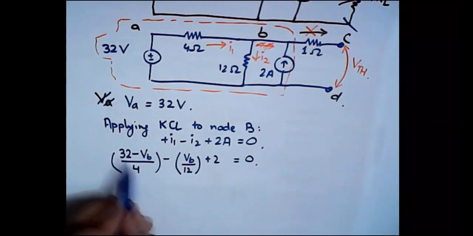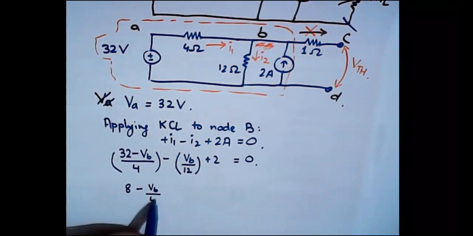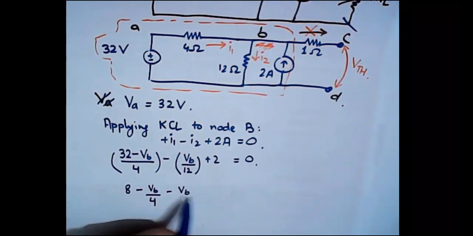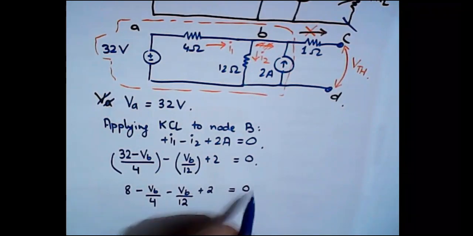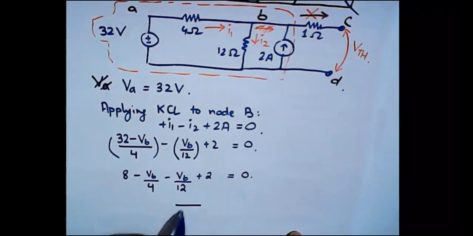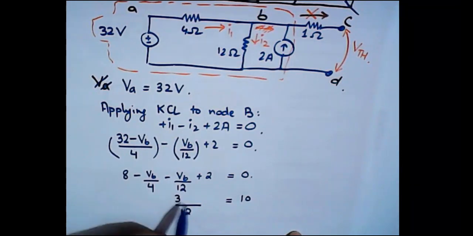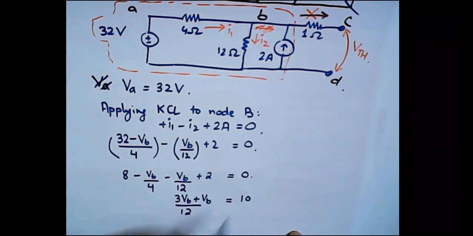So it will be 32 divided by 4, 8, minus VB divided by 4, minus VB divided by 12, plus 2. 8 plus 2 is equal to 10, and taking the LCM 12, this will become 3 VB plus VB is equal to 10 times 12.